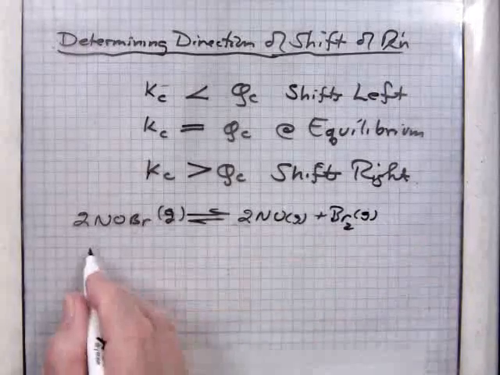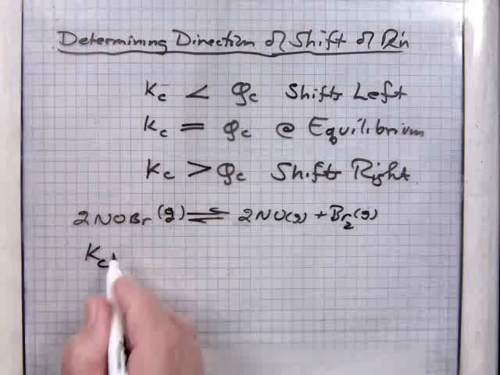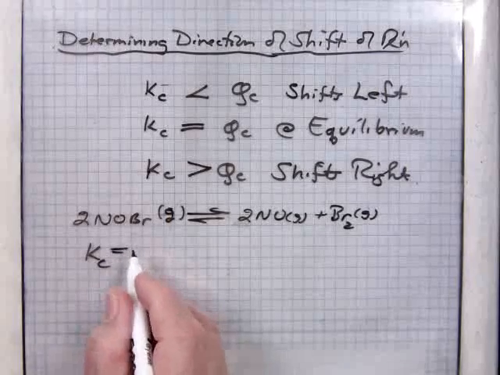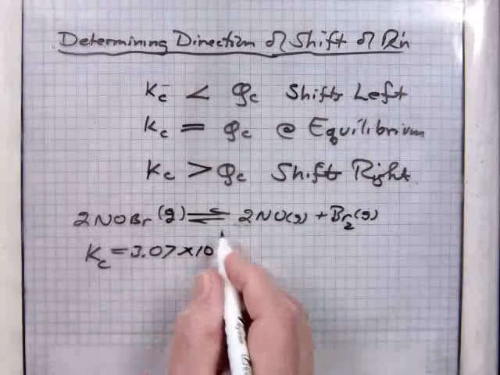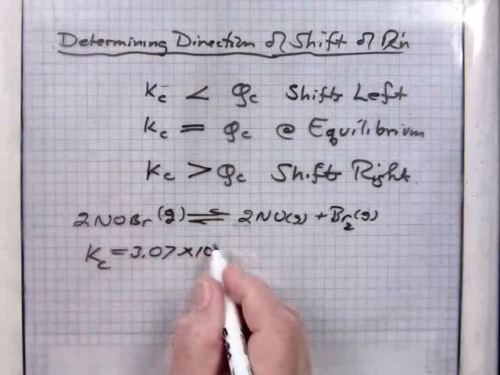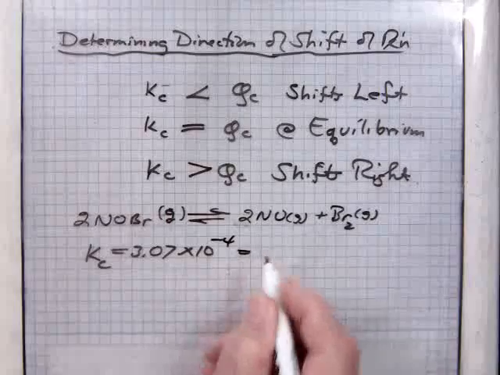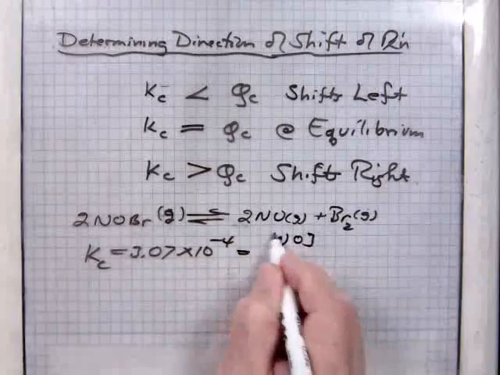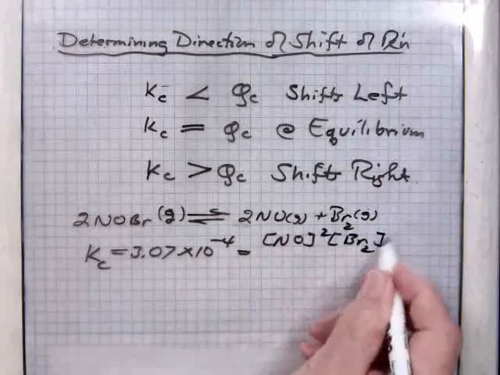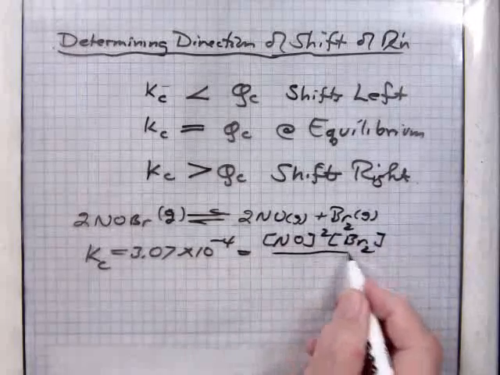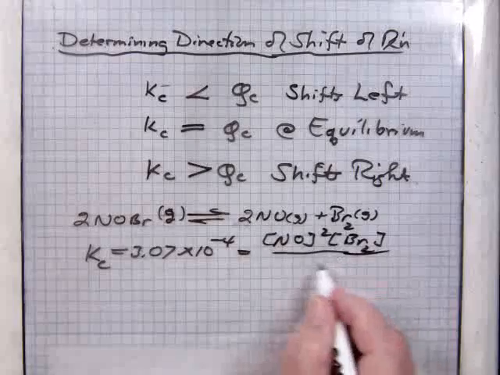And Kc is given to equal 3.07 times 10 to the minus 4. Now that equals NO squared Br2 to the first power divided by NOBr raised to the second power.